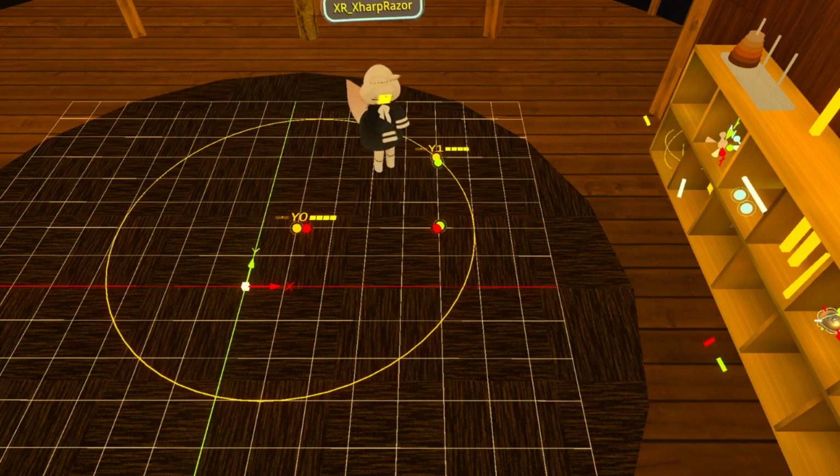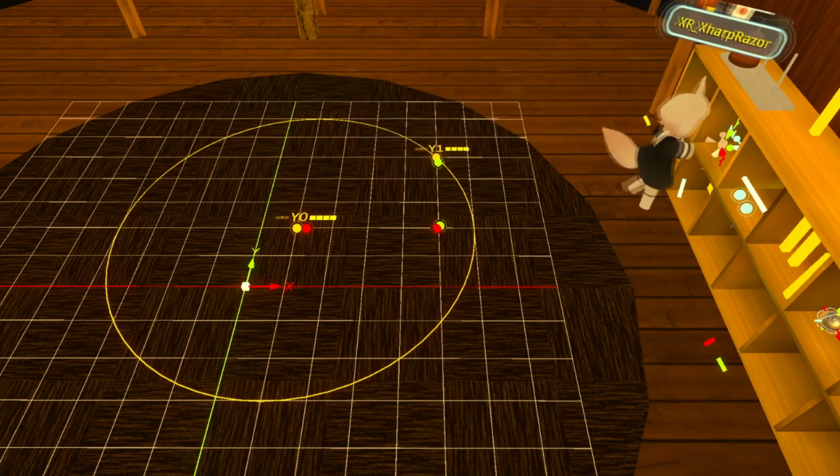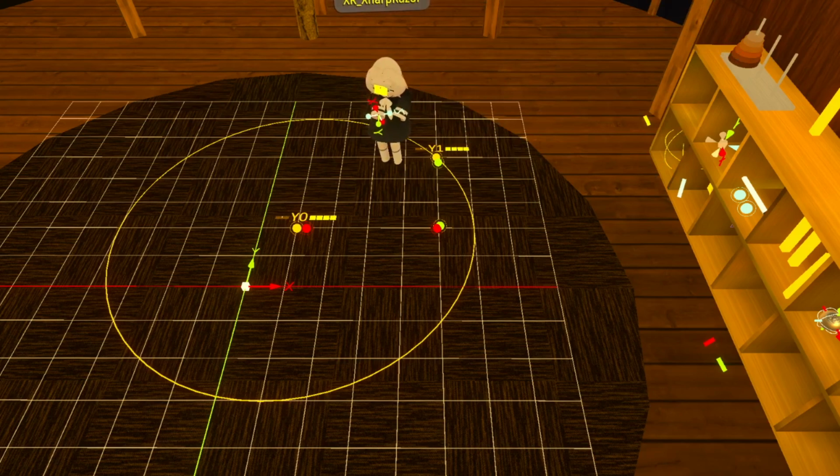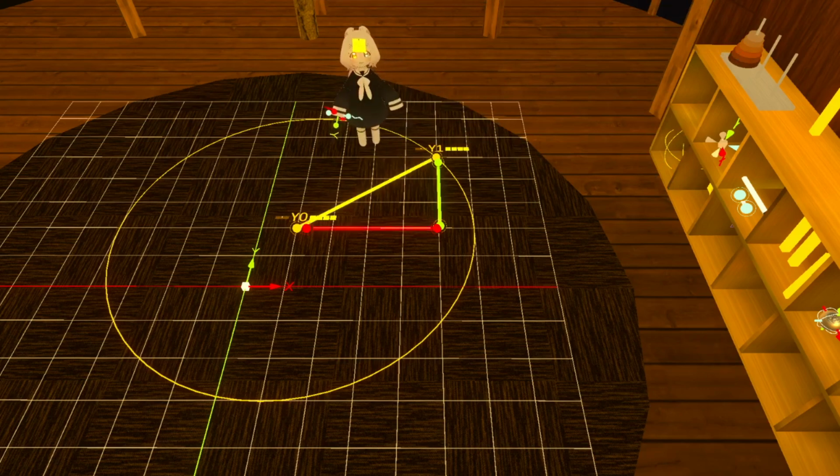If you saw these other points already here, you have sharp eyes. But just in case, let me quickly do this. There we go. And that's our lovely right triangle again.